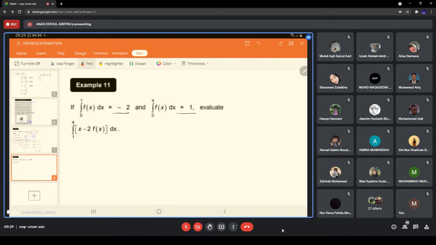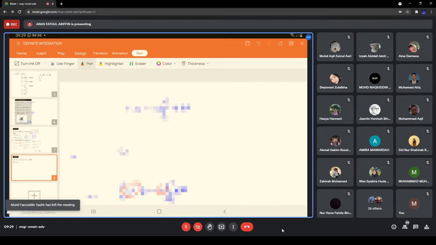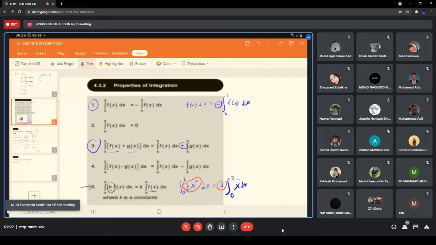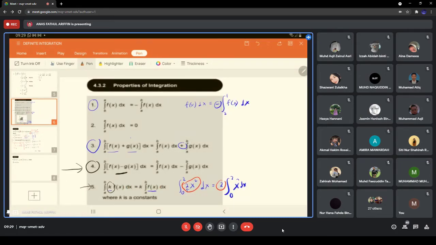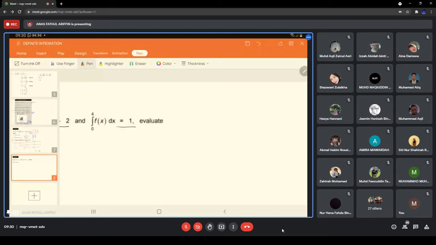Okay. So first step kita buat apa? Kita boleh split dulu, kita pakai property number 4. Property number 4 yang mana? Yang ada minus ni. Okay, when we have two functions and we minus, we can split, pisahkan.